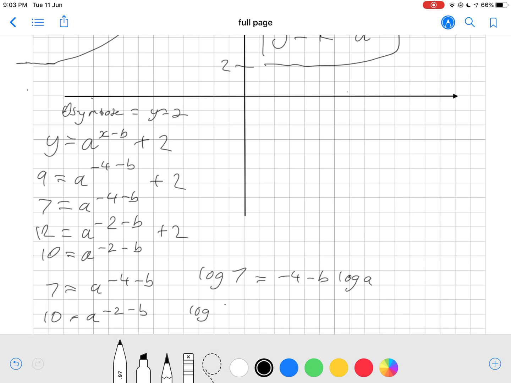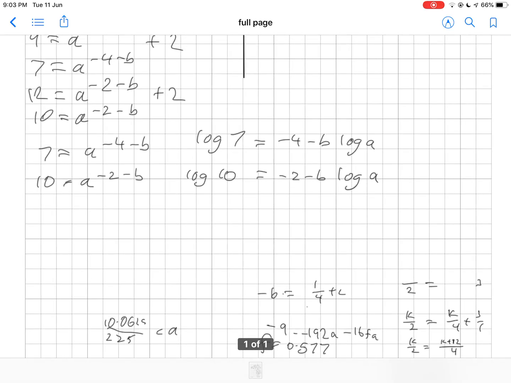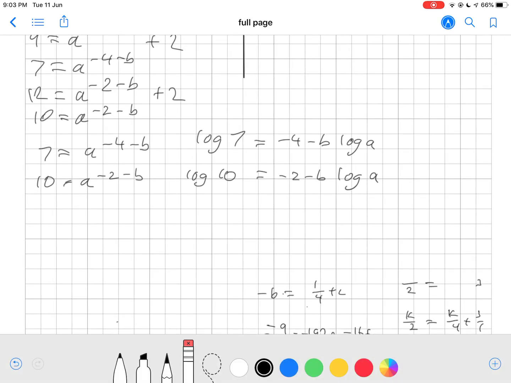And we also have log 10 equals, take the power down, negative 2 minus b log a. So now we just solve how you would normally solve simultaneous equations. We're going to combine these 2 equations and find our value for a.